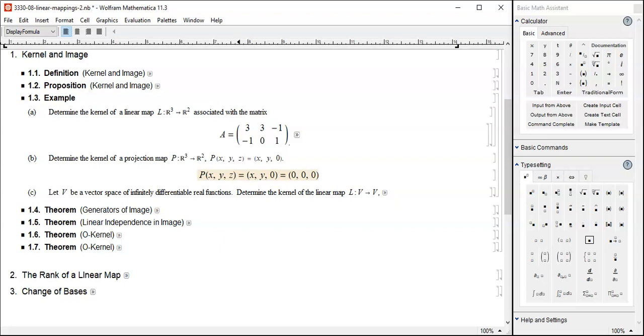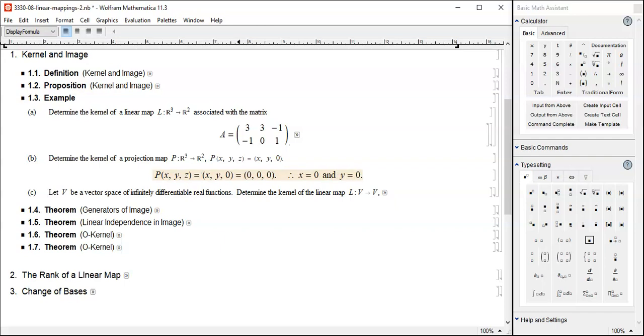This is the image, (x, y, z) in general, and we're looking for a special case where the image is the zero vector. So what conclusion can I draw? That's the conclusion I can draw.